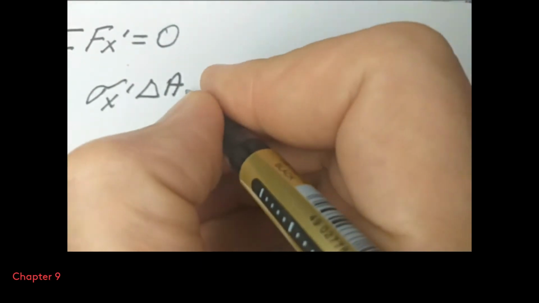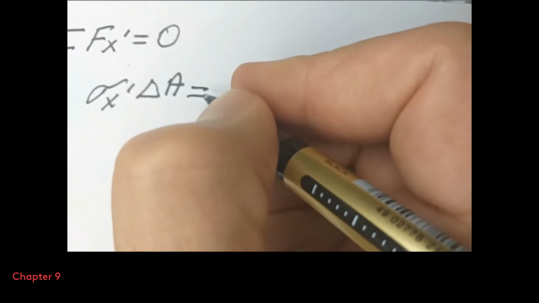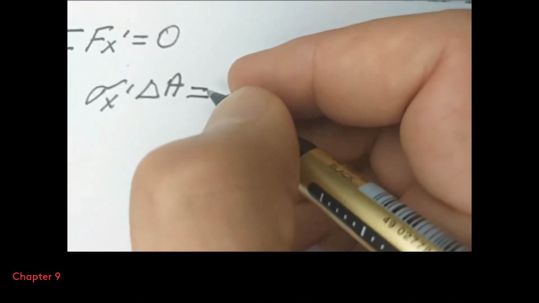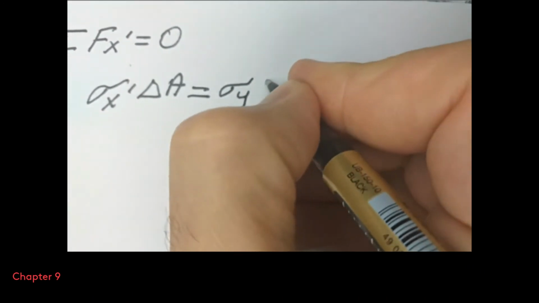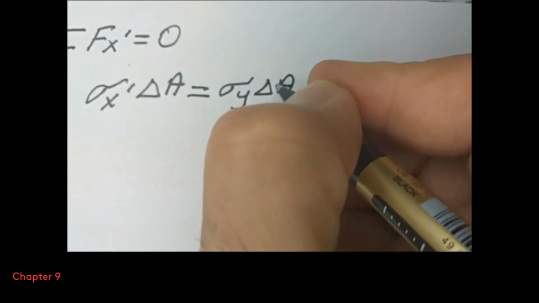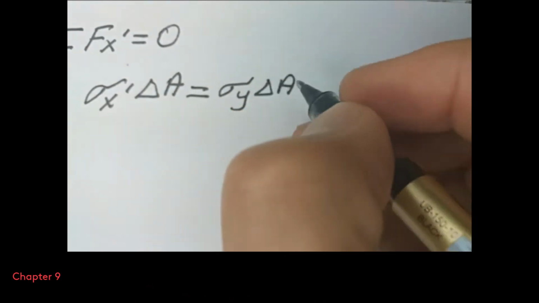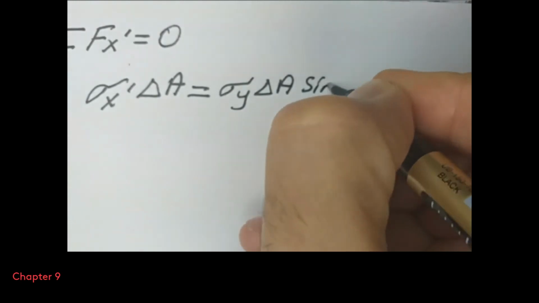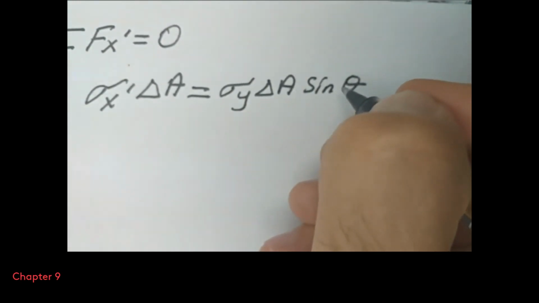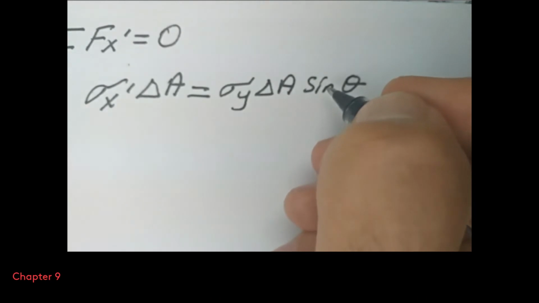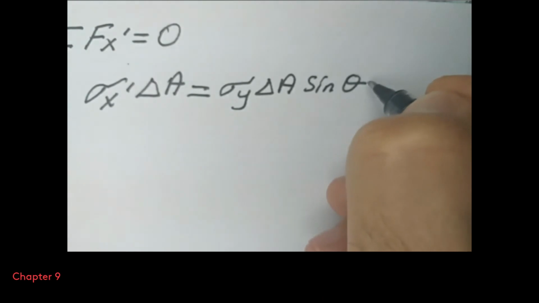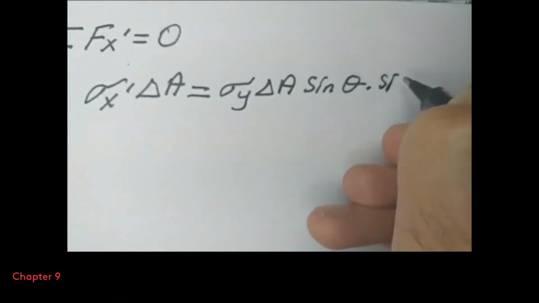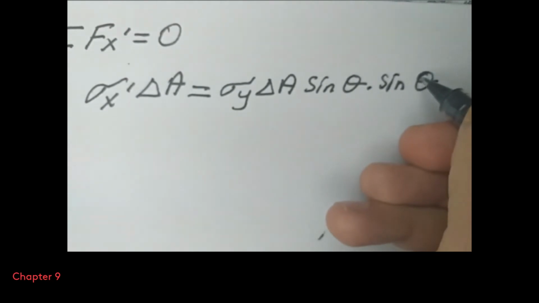So the force generated by the sigma y is equal to sigma y multiplied by delta A multiplied by sine theta, and its projection onto x prime is multiplied by the sine theta. Okay, so this is our first force component.